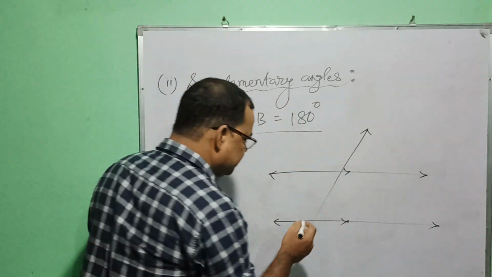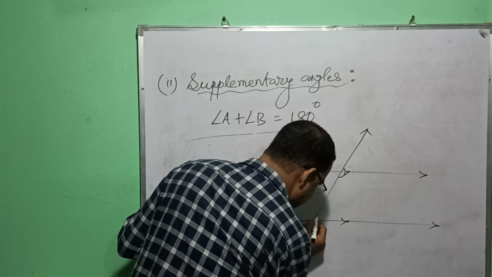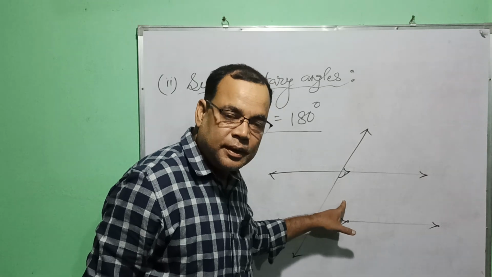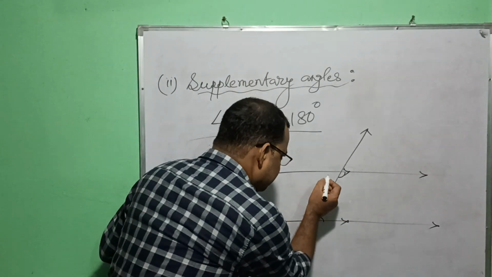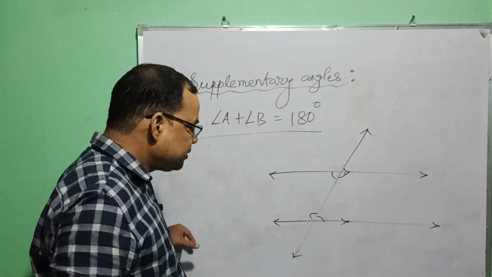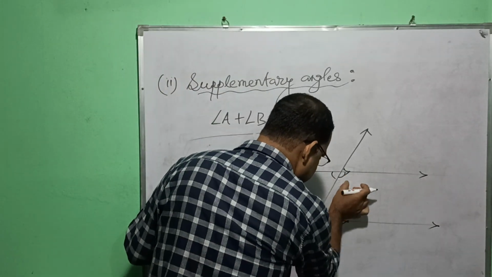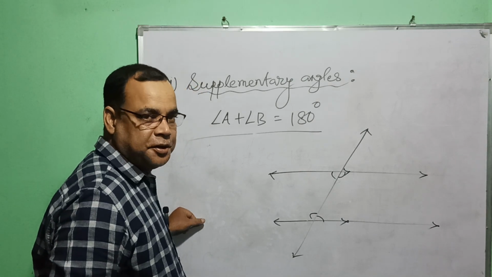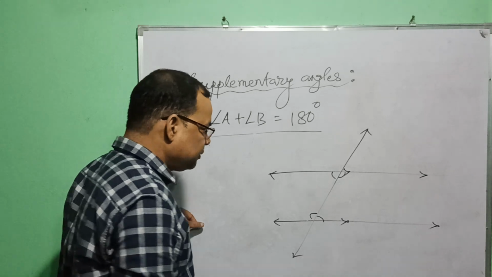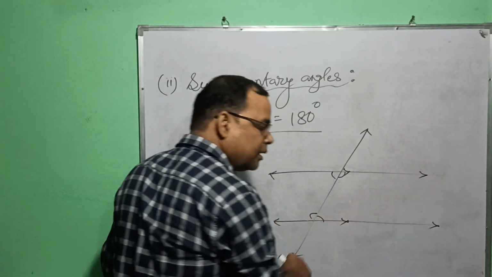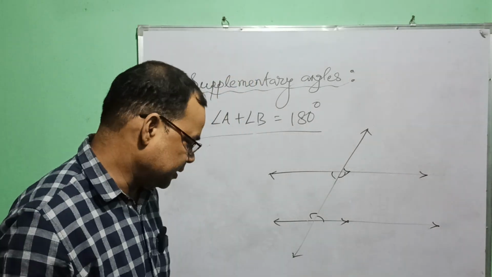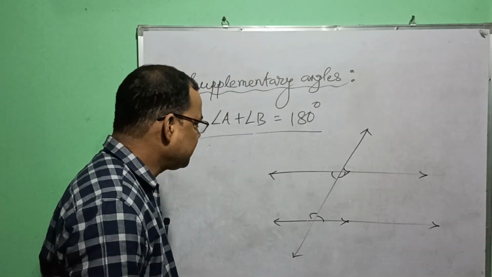Out of these eight angles, these two angles are called interior angles on the same side of the transversal, and these two angles are also interior angles on the same side of the transversal. It is found that the sum of these two angles is always 180 degrees. So we can say these two angles are supplementary angles, or each angle is the supplement of the other. So this is all about supplementary angles.